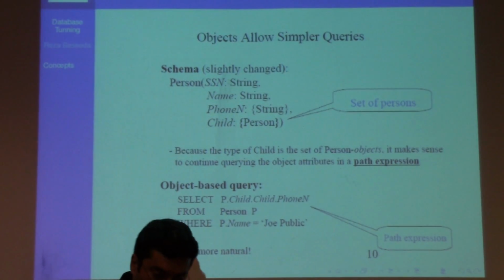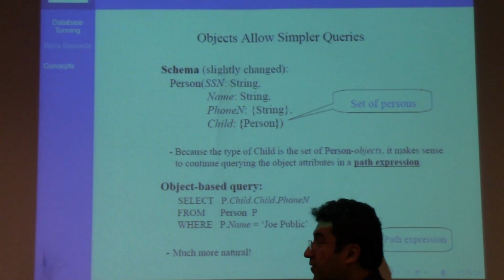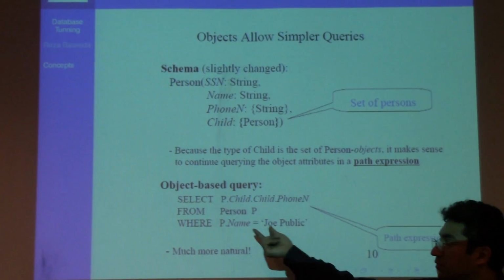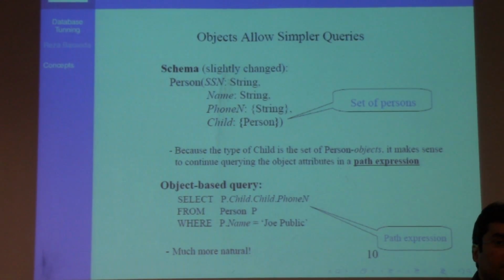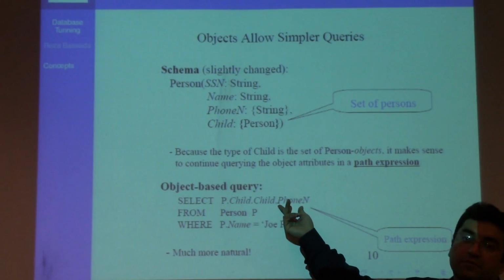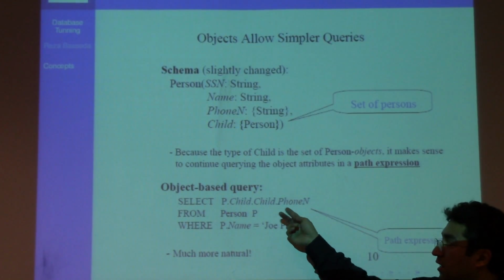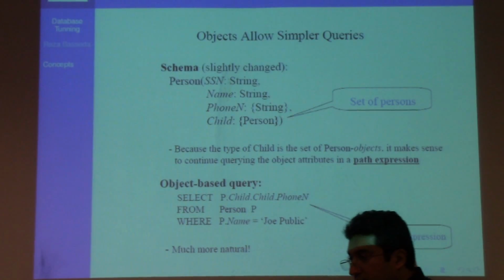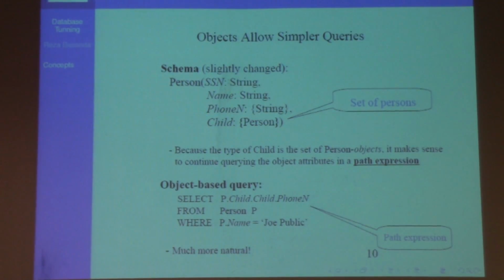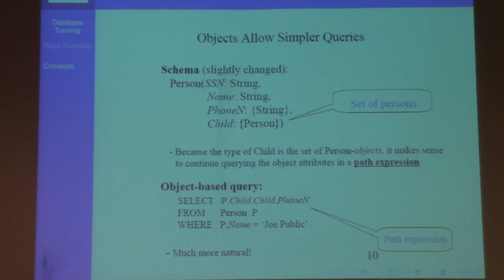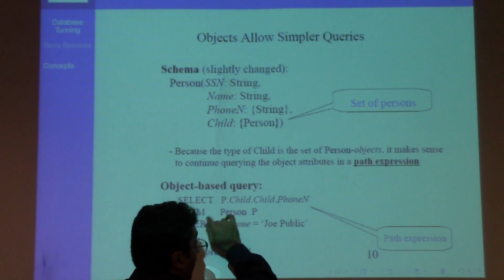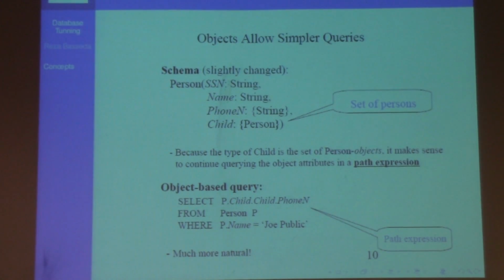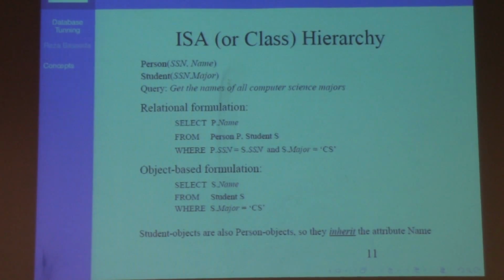It's a general path. It can apply to many people. If I define a single node, Joe Public's node, then this path is pointing to his grandchildren, and his grandchildren also have another part, which is phone number. So the point is that in object-oriented databases, when you are writing a select query, you need to specify a path from one object to the attributes that you are interested in.